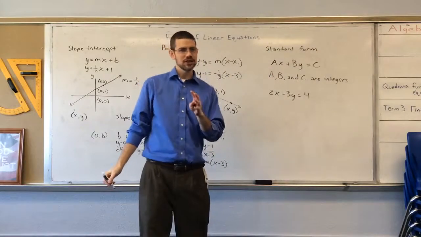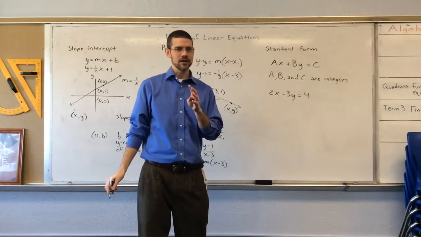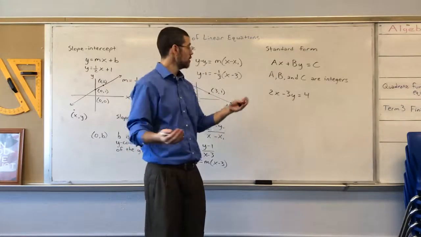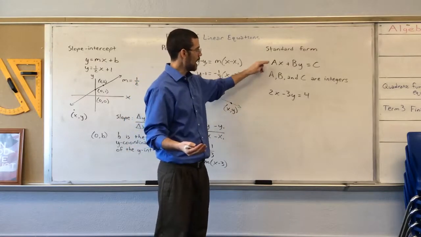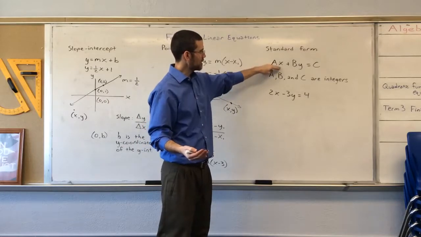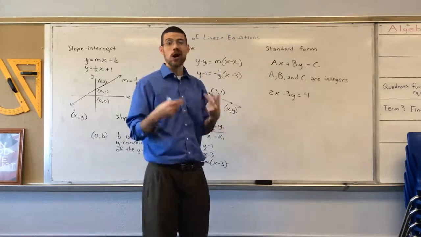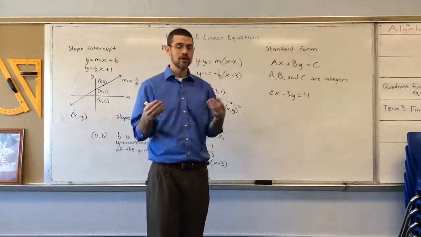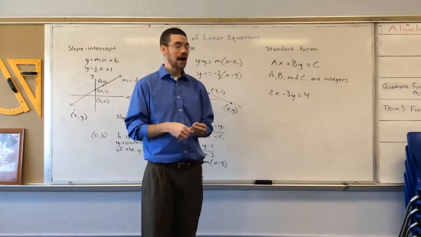Now, mathematicians vary on what they claim has to be the case here or not. Some of them will tell you that the x term should be positive. I think that's a good idea. It's not required or necessary, but it's a good habit.